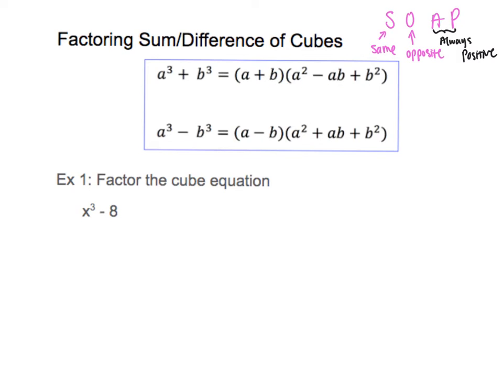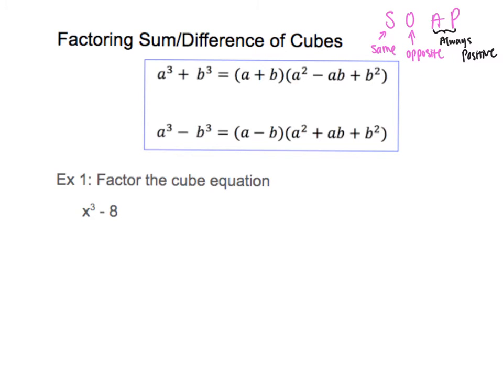And this is how I use it. If I know that this is a positive, then I know that this is a positive because the first one says same. So the first sign is same. Then the next one's opposite, and the third one's always positive. So that's how I can use SOAP to help me out.